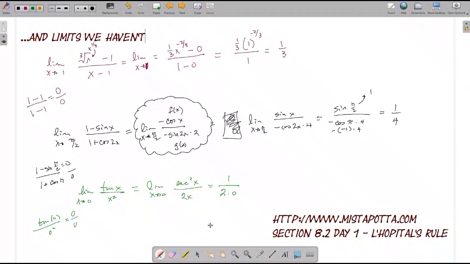And so I don't have an indeterminate form. Because it's not in indeterminate form, it's not 0 over 0. I don't see that here. I see a constant over 0, which means my denominator appears to be increasing without bound.